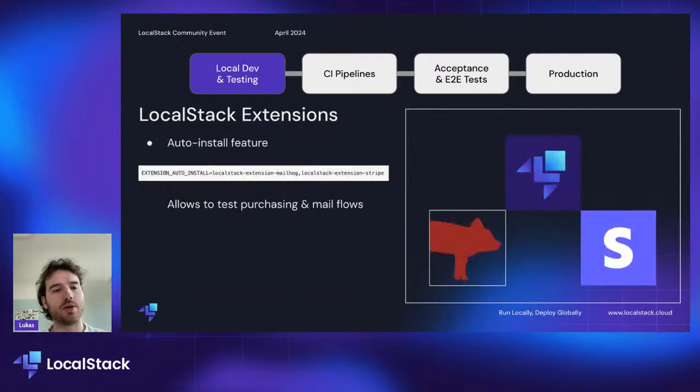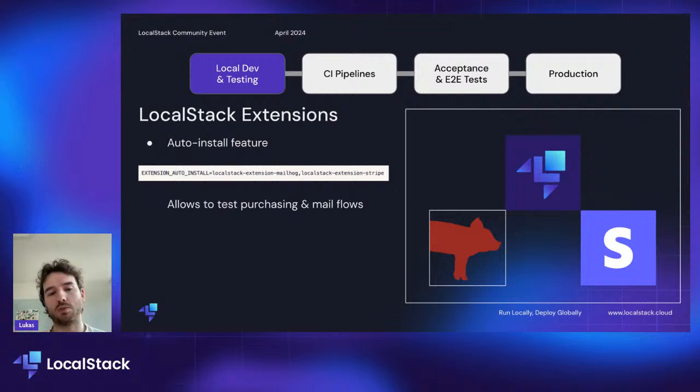But there's more. LocalStack extensions, for example. We use them with the auto install feature, that's started with EXTENSION_AUTO_INSTALL. And we use both the MailHog and Stripe extensions, quite extensively, because they allow us to test purchasing flows and also mail flows. In the previous example, you saw me make asserts against the mail server.